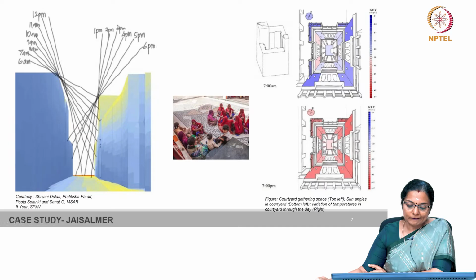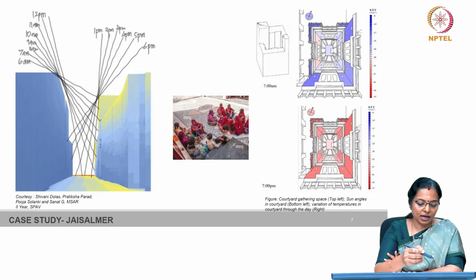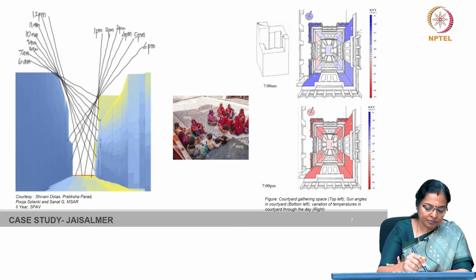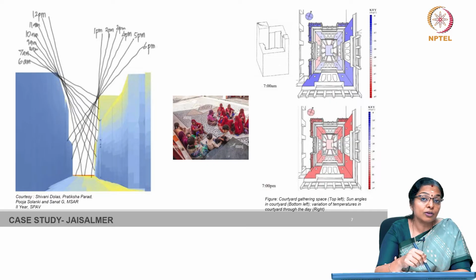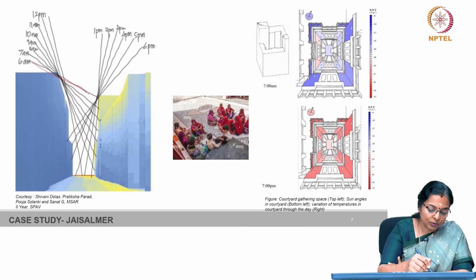So, this is how the streets are shaded during the entire day. You can see how the streets get shaded, and it's not only the streets, the walls of the houses also get shaded due to the mutual shading. So at 6 a.m. you can see that this entire wall remains shaded.